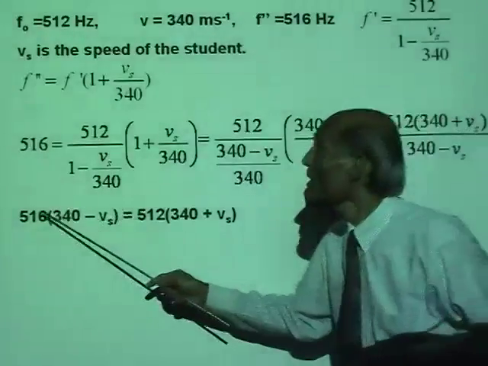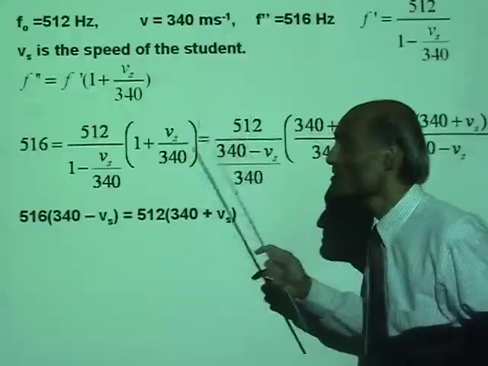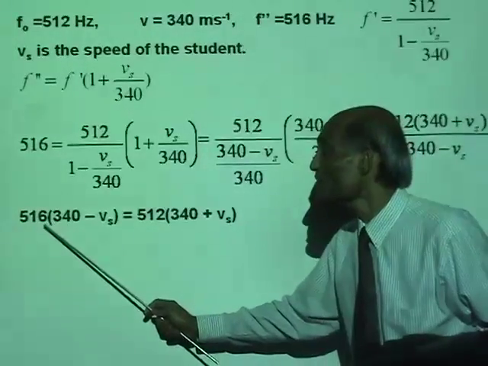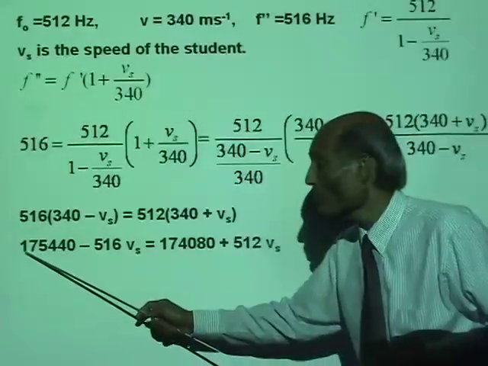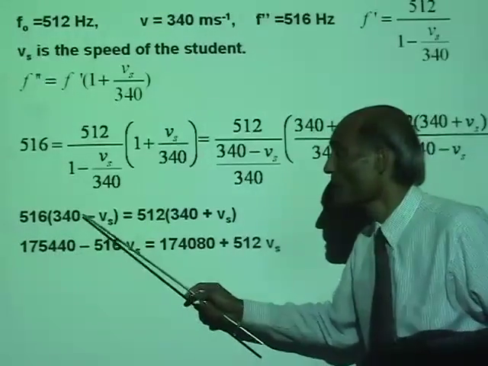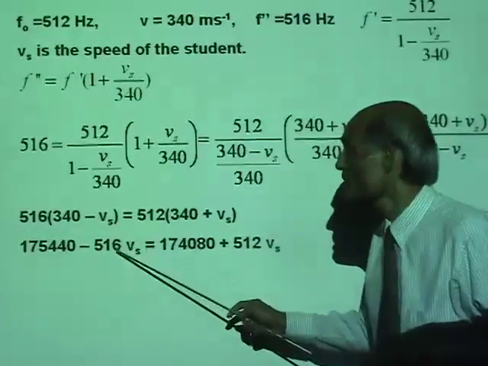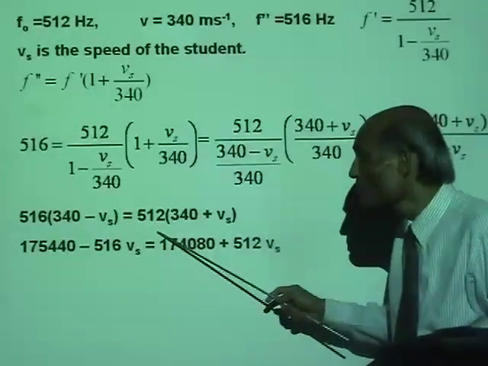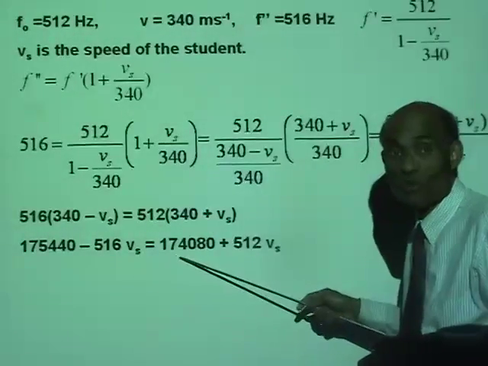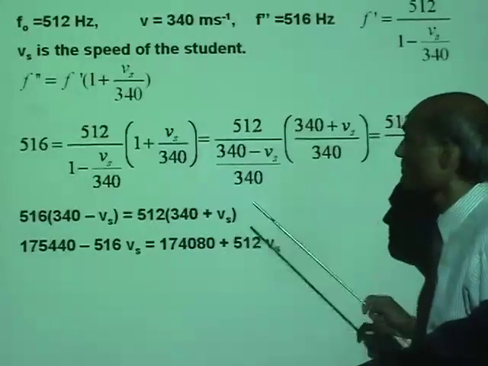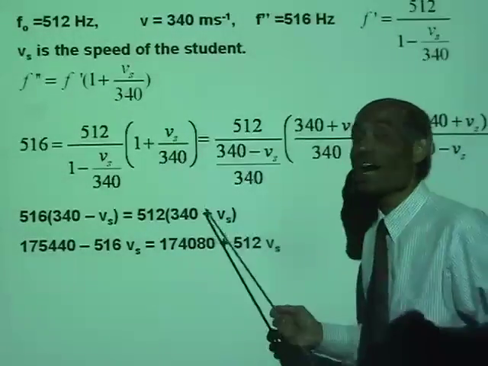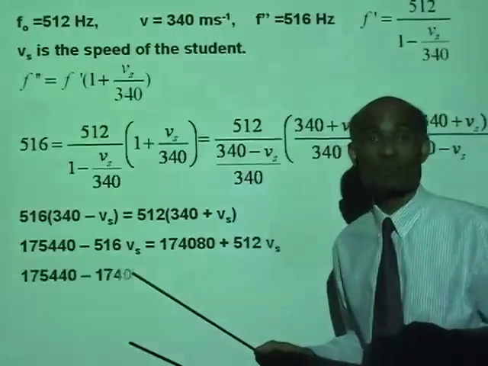And now we distribute and simplify. I have done these steps for you. Distribute 516 times 340 is this big number, minus 516 Vs equals 512 times 340, this big number, plus 512 Vs. Well, this is now elementary algebra.